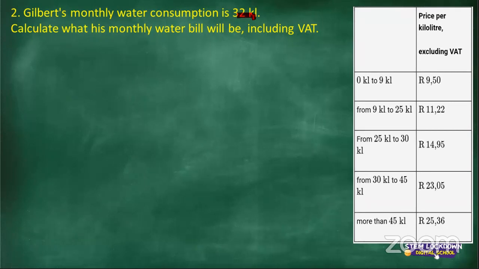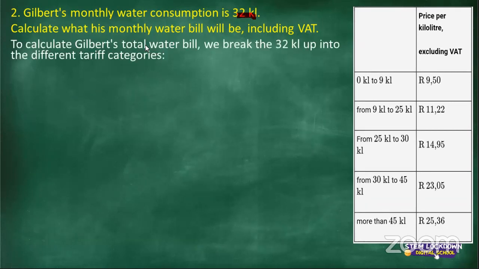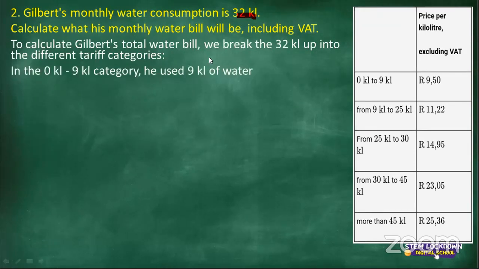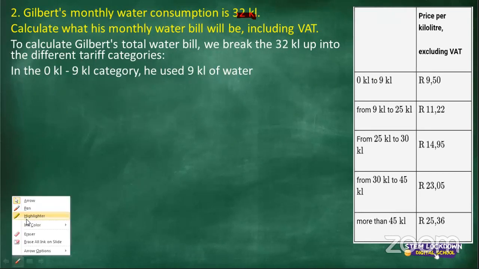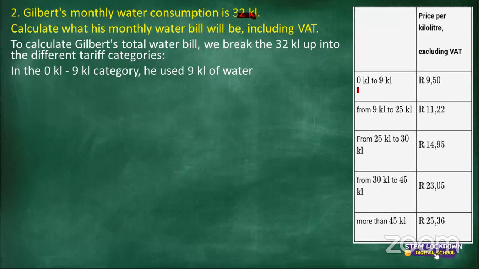To calculate Gilbert's total water bill, we break the 32 kiloliters up into the different tariff categories. The same steps we did, we are repeating again. We always start with the first category, 0 to 9.